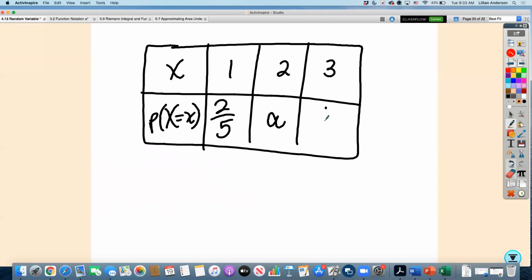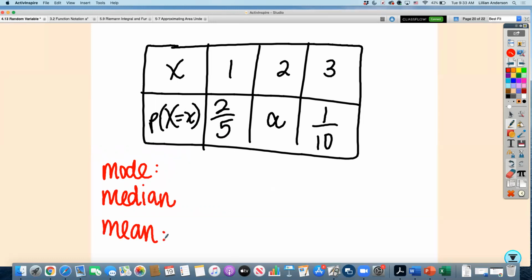And I gave you this. And I asked you to find the mode. I asked you to find the median. And I asked you to find the mean. In order to do any one of these three things, what are you going to need to know?